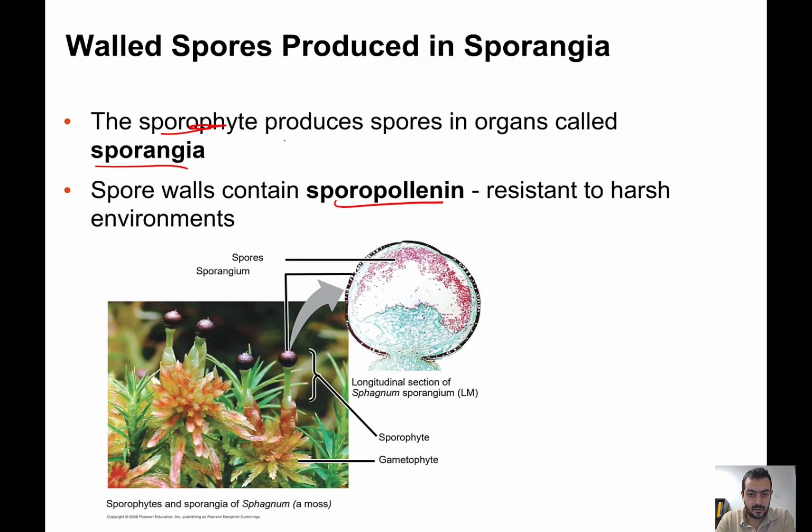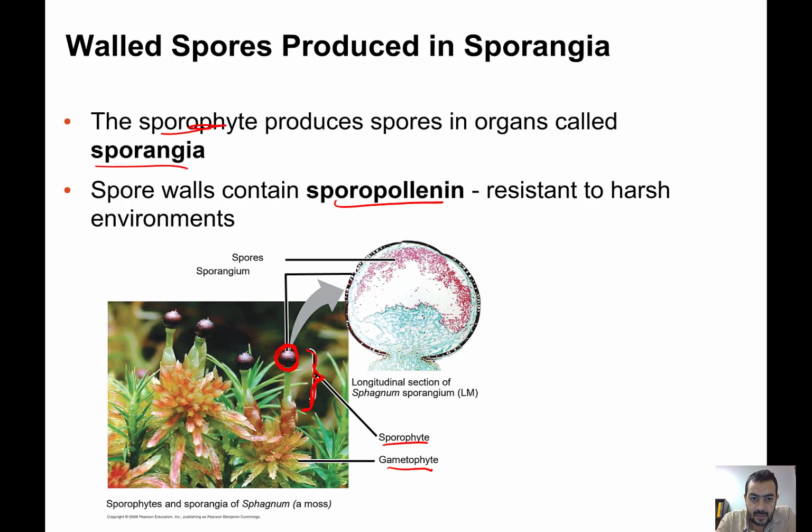So let's revise. We have two stages, gametophyte and sporophyte. Sporophyte is the whole structure. Then spores are produced in an organ. Can you see this structure, this capsule at the top?